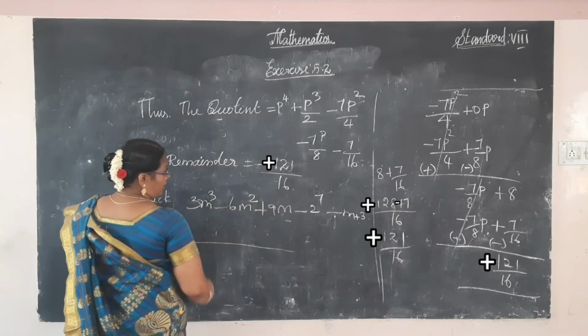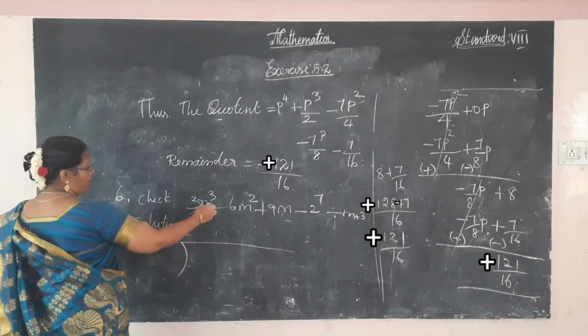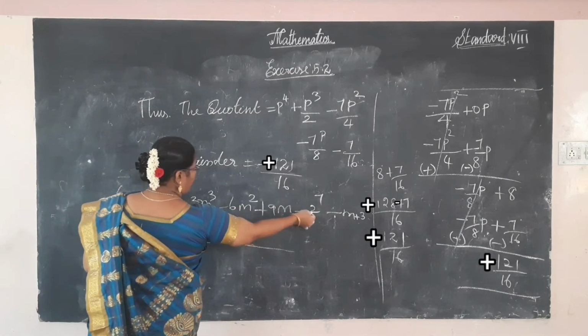Write the given expression in descending order of the power of the variable. So m power 3, m power 2, m power 1, and the constant term.